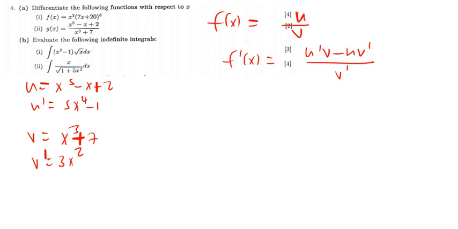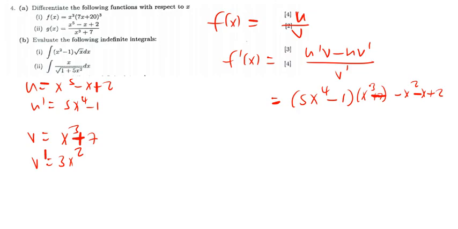If we plug in the values, what is my u prime? My u prime is 5x to the power 4 minus 1. I put them in brackets. What is my v? My v is x to the power 3 plus 7. Put them in brackets, minus. What is u? U is x squared minus x plus 2.